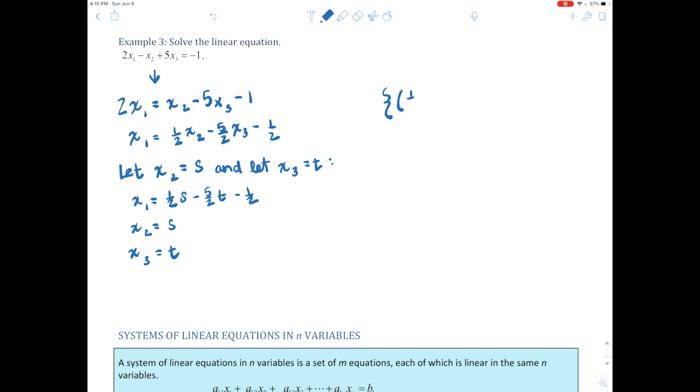The first one is 1/2 s minus 5/2 t minus 1/2. The second one is s, and the third one is t, such that s and t belong to the real numbers.